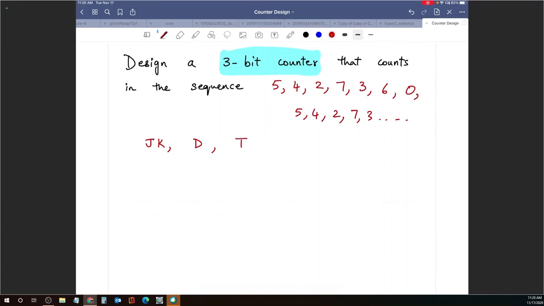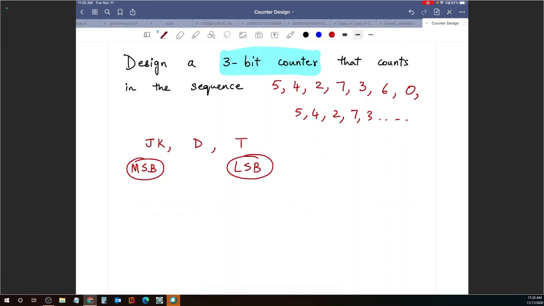So most significant, which one do you want? JK. All right, most significant bit of the counter, JK. How about D? All right, we'll use D for the middle. And then we'll use T for the least significant bit of the counter.